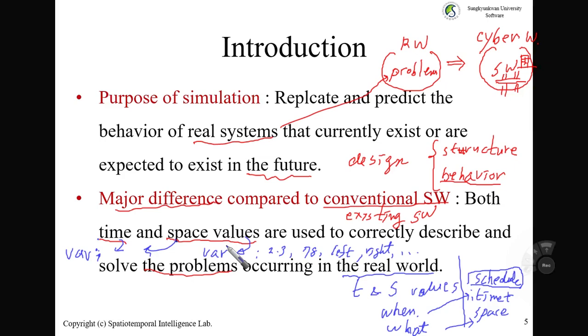This is the reason behind why simulation software, which is also called a simulation model, is based on time value and space value, as briefly explained here.